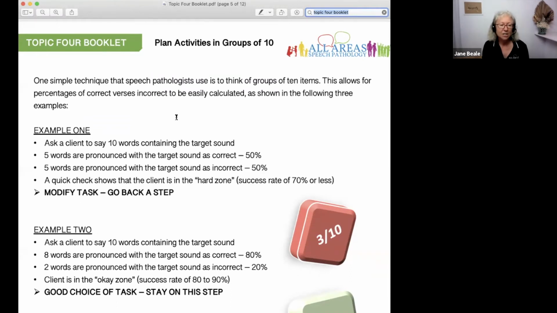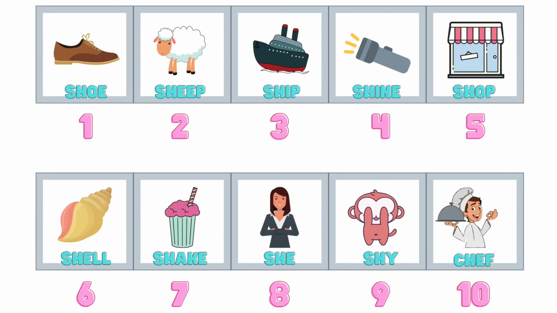We could ask a client to say 10 words containing a target sound. So we might say, could you say these words? And they all start with shh, for the SH sound.